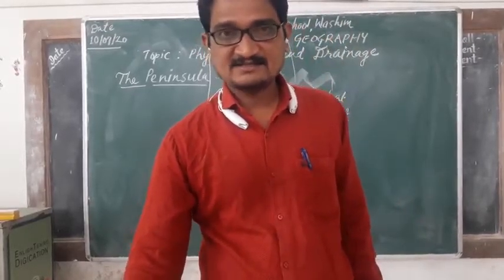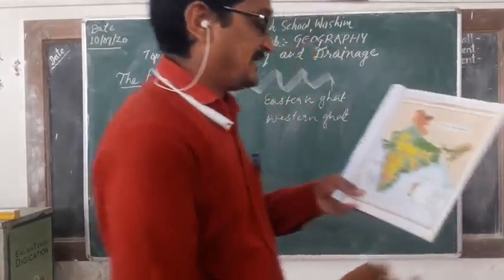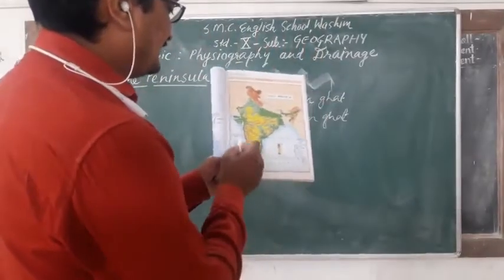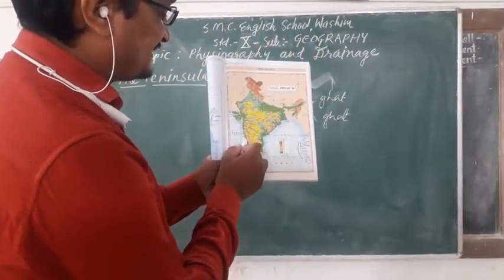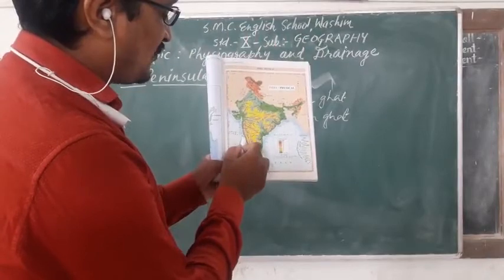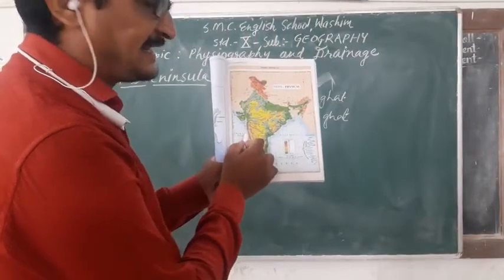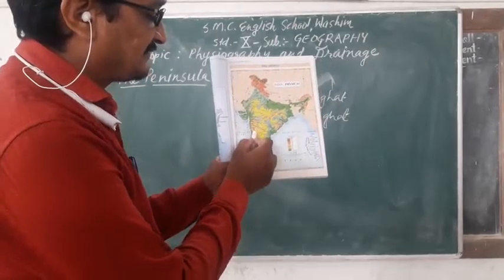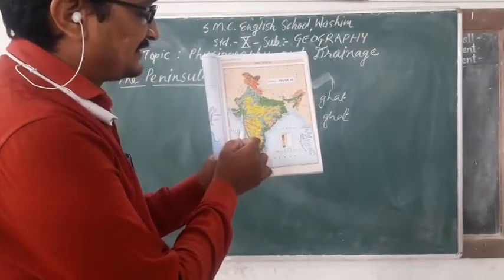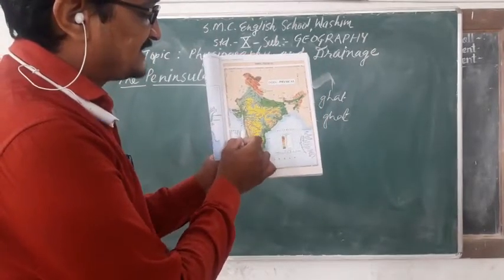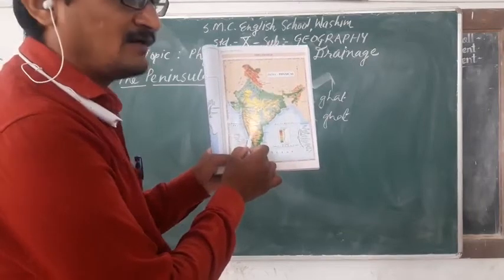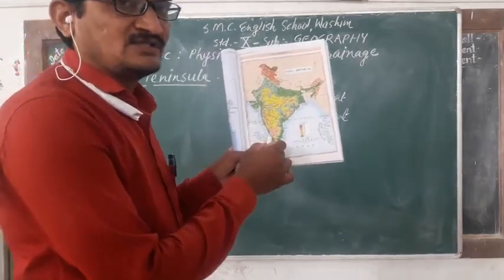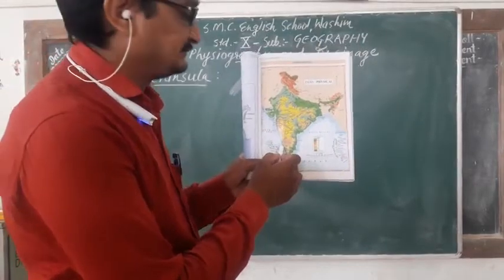Again see, the Eastern and Western Ghats. This is the Western Ghats, on the Konkan side, the Sahyadri range. Sahyadri mountains. This is the Western Ghats along with the coastal area of Konkan.